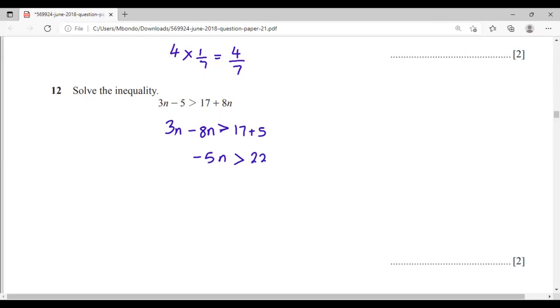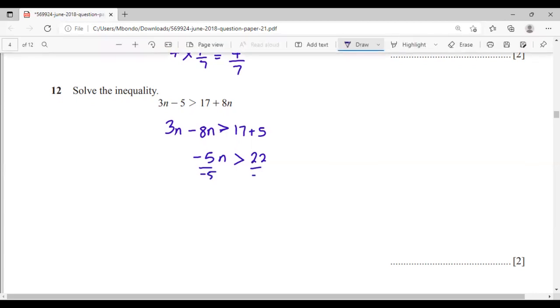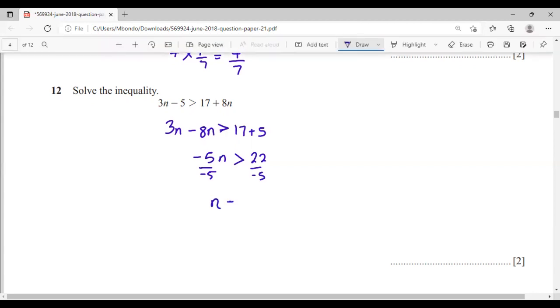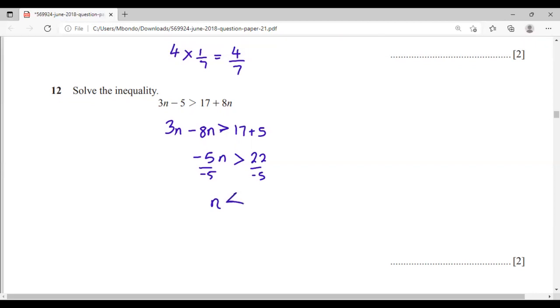Am I right? Yes. Then we divide both sides by negative 5. So n, at this point, this has to change the sign now.